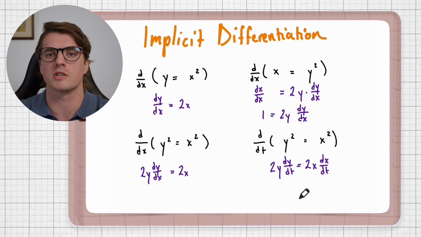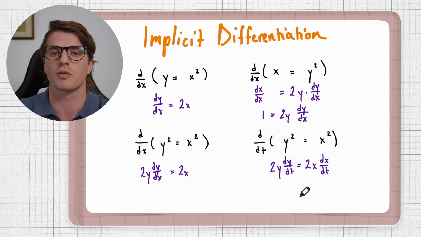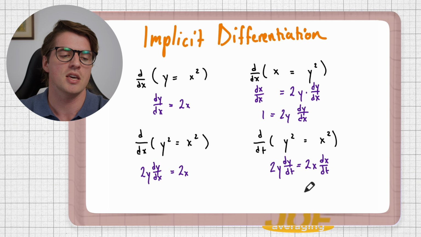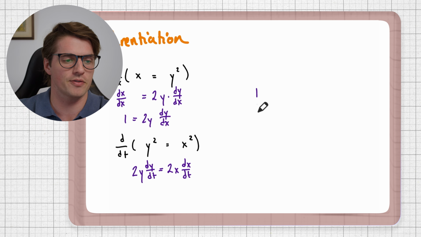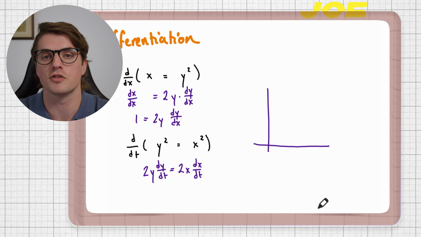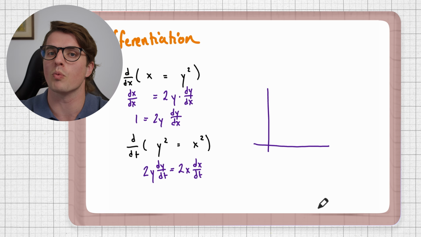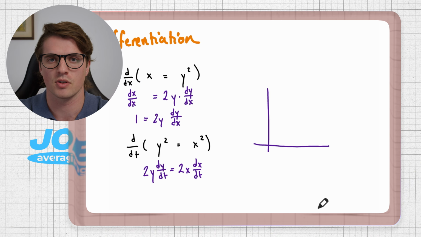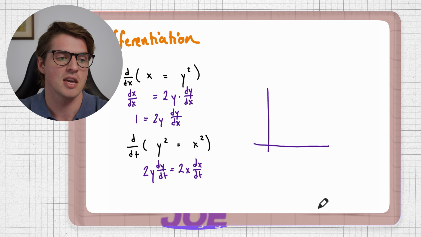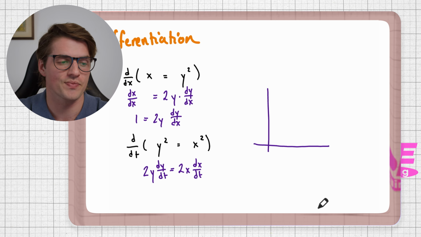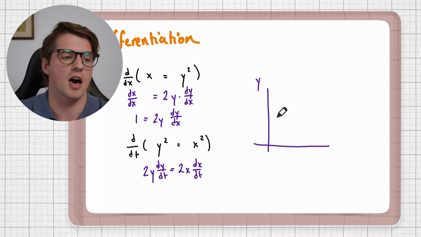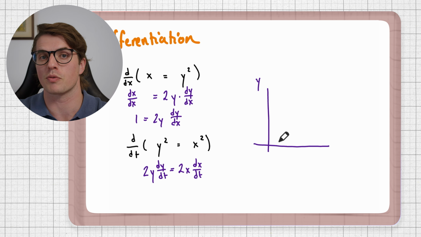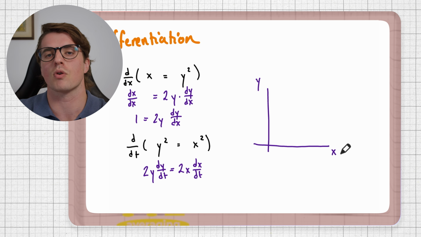Something that you have probably heard your teacher say in class is that a variable is defined with respect to x, or with respect to t. The way that I like to think about that is graphically: whatever variable you're taking the derivative of, so y, goes on the y-axis or the vertical axis, and whatever you're taking it with respect to goes on the x or horizontal axis.